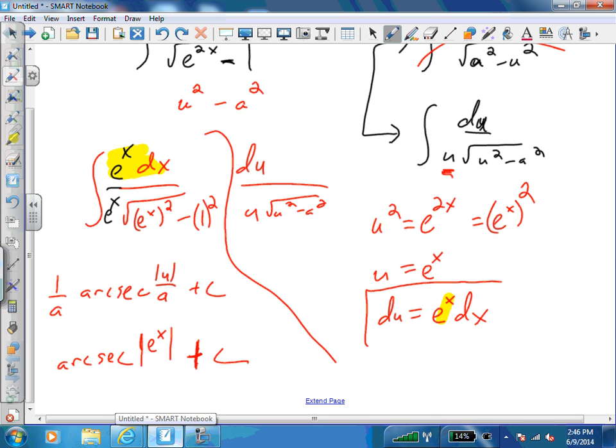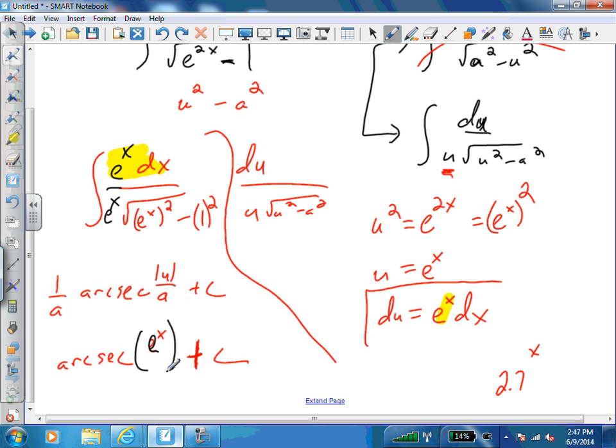E to the x, is that ever negative? If you take a positive number and raise it to a power, is that ever going to give you a negative number? No. So we can really drop the absolute values there, because it's impossible for that quantity to be negative.